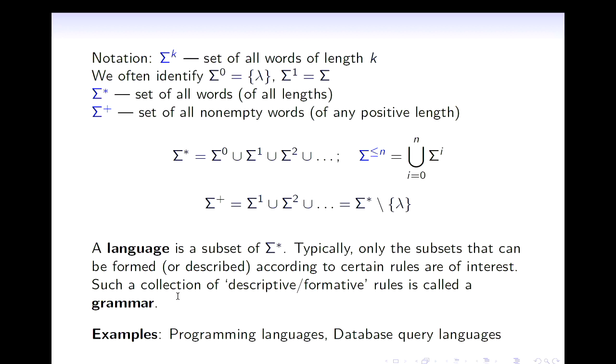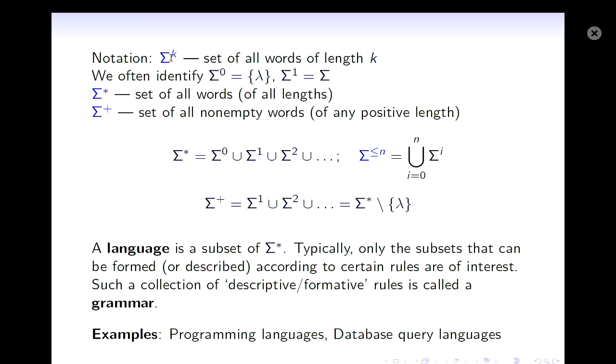Now, one more slide on basic notations for alphabets and words. When we want to say that we are particularly interested in all words over a particular alphabet sigma of a specific length, let's say k, then we will be writing it in this way.